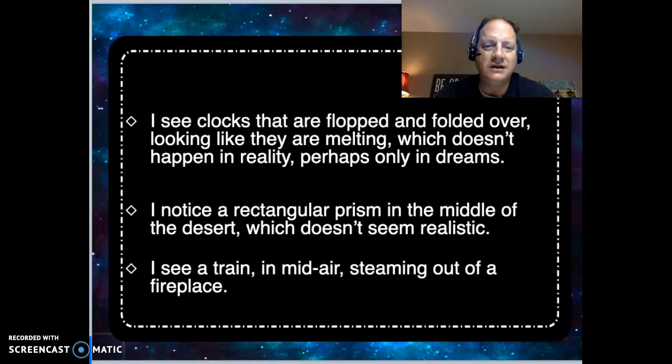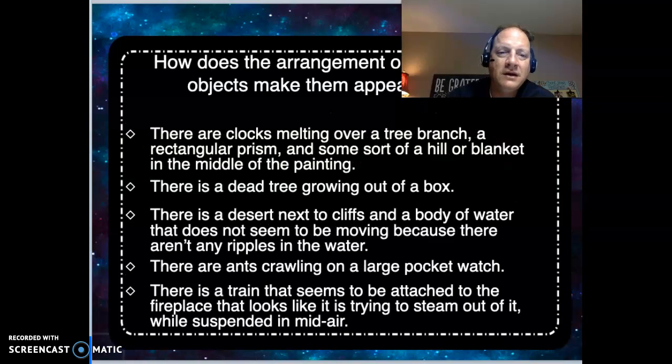So I see clocks that are flopped and folded over, looking like they're melting, which doesn't happen in reality, perhaps only in dreams. I noticed a rectangular prism in the middle of the desert, which doesn't seem realistic. I see a train in midair steaming out of a fireplace. Okay? So how does the arrangement or placement of objects make them appear surreal?